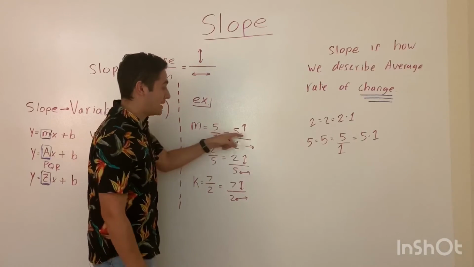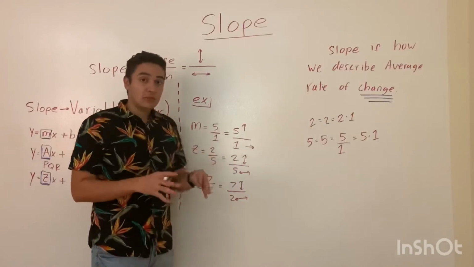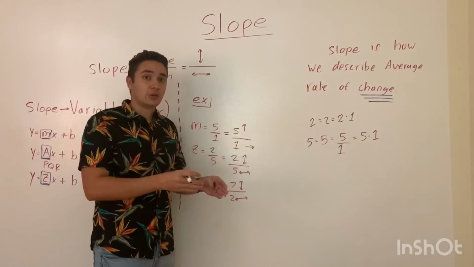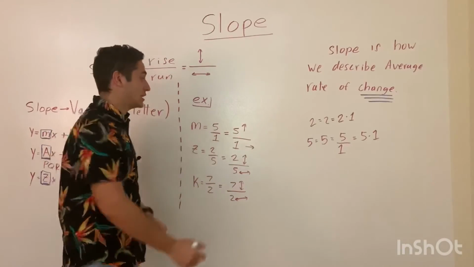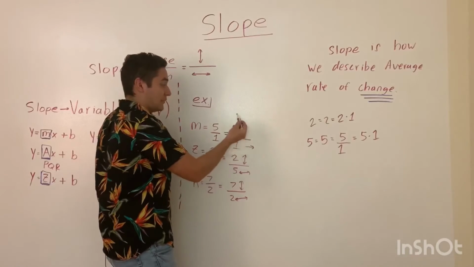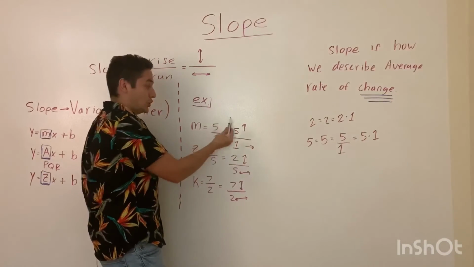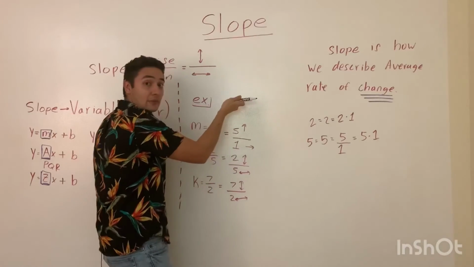So 5 up, 1 to the right. Now, this may not mean too much for you right now, but by the time we get to the third video, when we start graphing this, that's when things will start to click, because you will see that if you choose a point and you apply this slope to it, you will go 5 up and 1 to the right from that point.